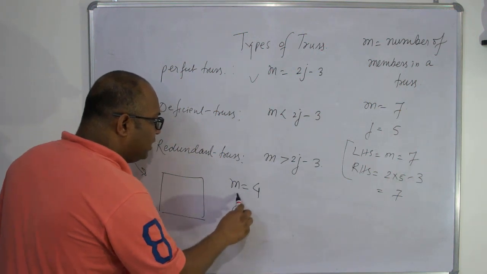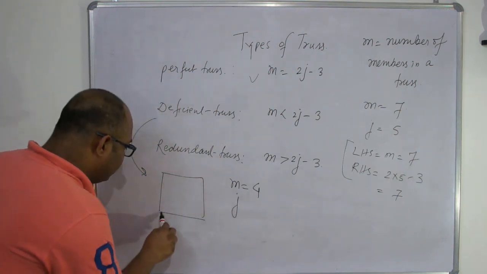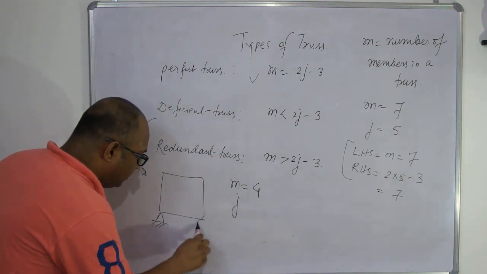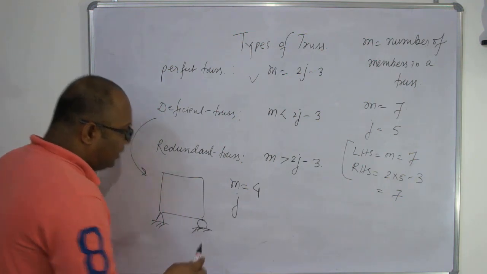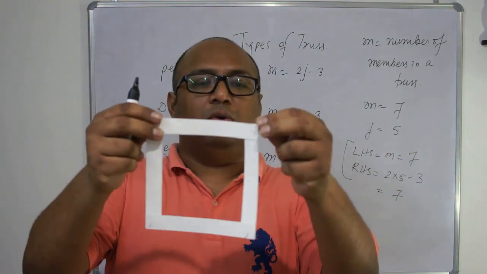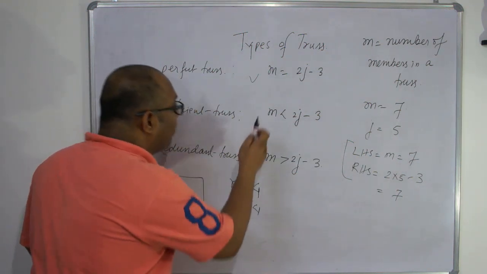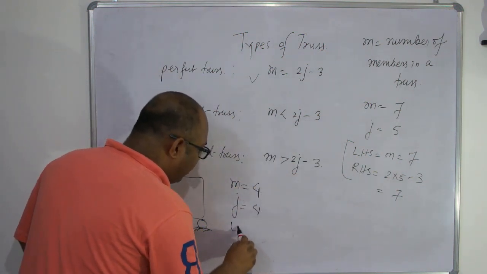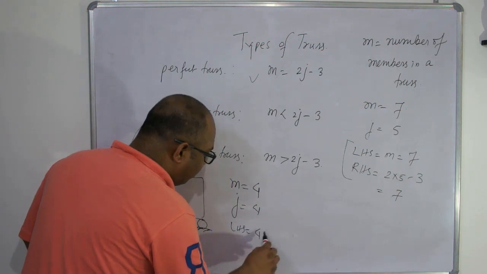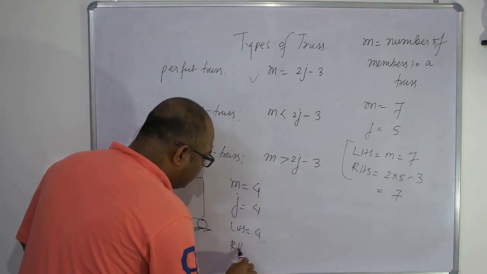And how many joints are there? 4. 1, 2, 3, 4. So if you use this equation, what is the value of LHS? LHS is 4. And what is the value of RHS?